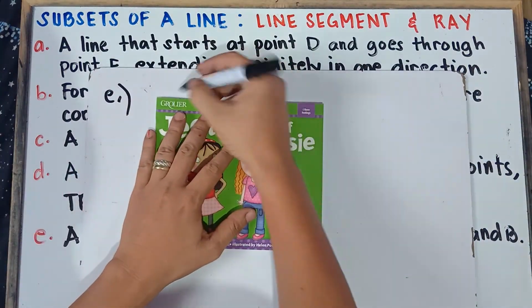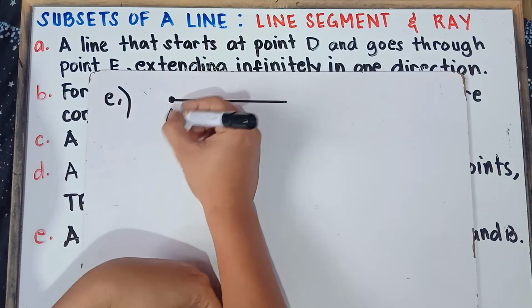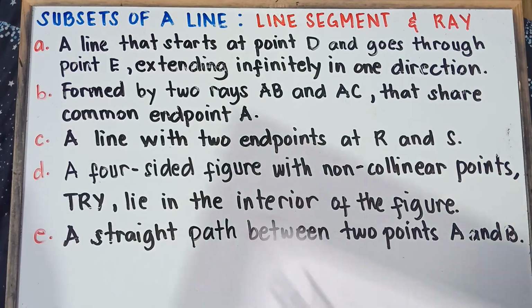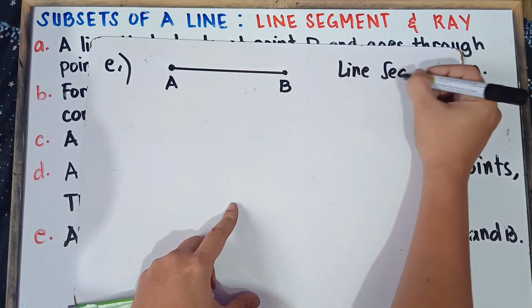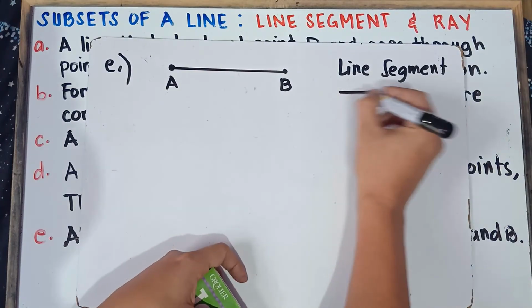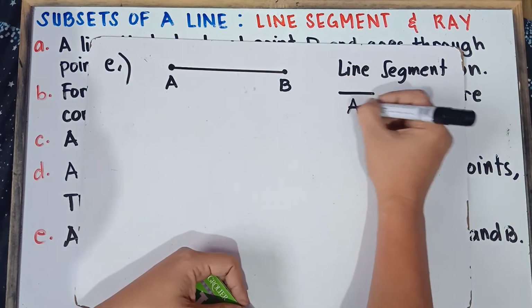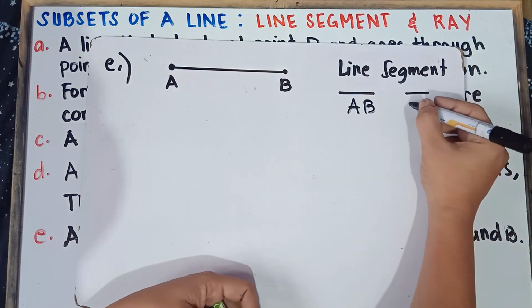So let me just draw line segment, A and then B. So therefore, letter E, this will be a line segment. So we can have the illustration for line segment. Horizontal line, A and then B. So line segment AB, or we can read this one, line segment BA.